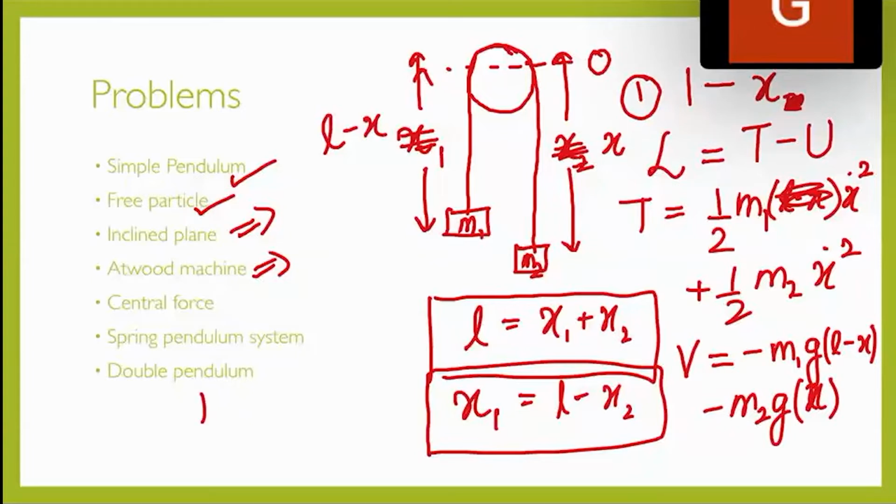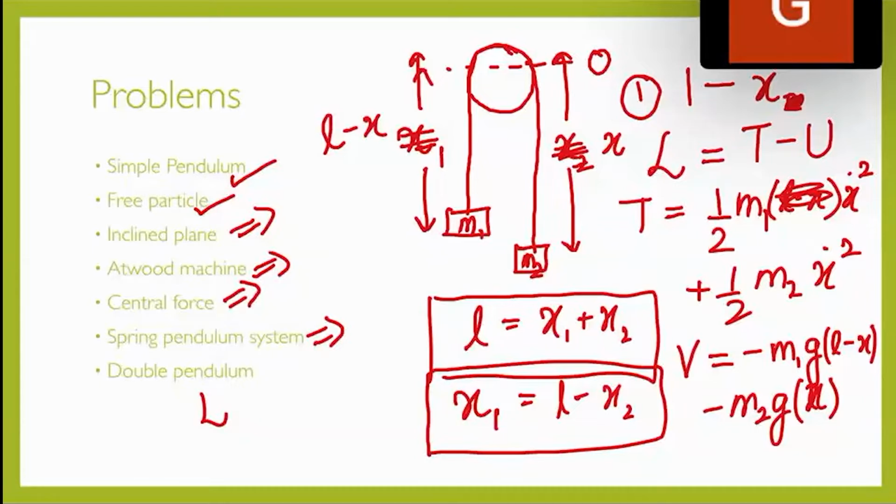If I know L, I can plug this L into the Euler-Lagrange equation and find the equation of motion as we did earlier. The central force problem I will take tomorrow, when we start the full topic on central force. Now, the spring pendulum system, you can try on your own.